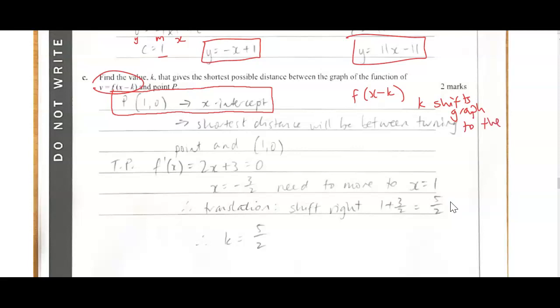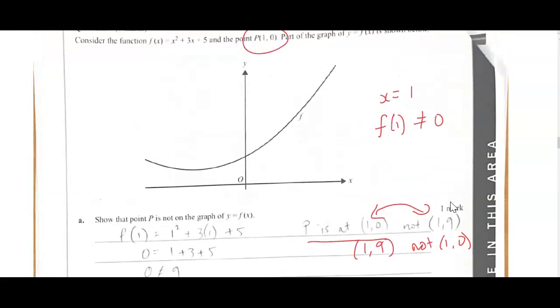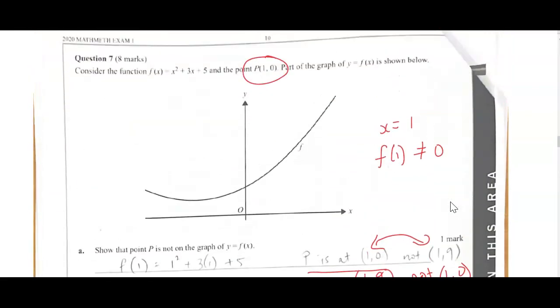Okay, so if we go back to our graph, we've got the point 1, 0. So that's your point P. And this graph, here's your turning point. So that's going to be the shortest distance between the x-axis and the graph at your turning point.